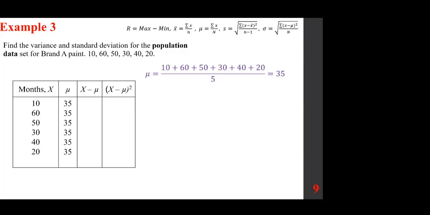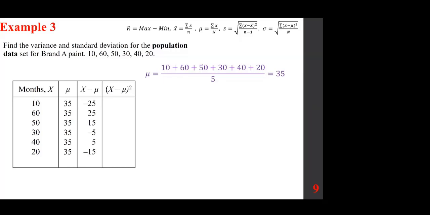In order to find sigma squared, you want summation of x minus mu quantity squared divided by n. So let's calculate x minus mu. The first one would be 10 minus 35. The next one would be 60 minus 35. And the next one would be 50 minus 35.